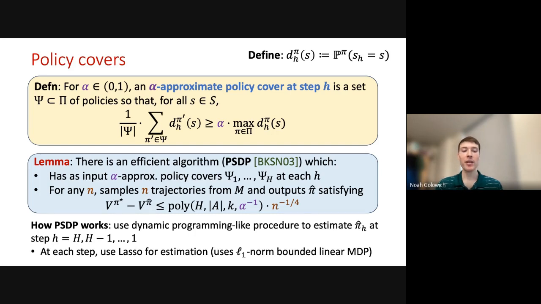And at each step, given our knowledge of the policy pi hat at later steps, we can estimate the value function, which is going to be a linear function, at step little h, using the lasso algorithm. This also uses, of course, the L1 norm-bounded assumption on the linear MDP. And then once we've estimated this value function, we can simply define pi hat h at each successive step h to be the greedy policy with respect to that value function.